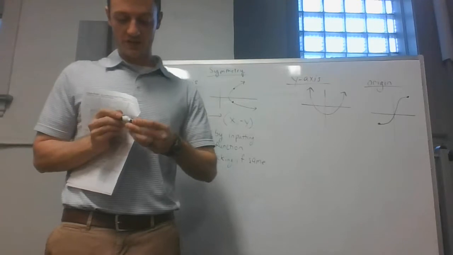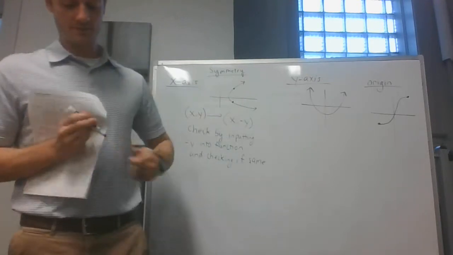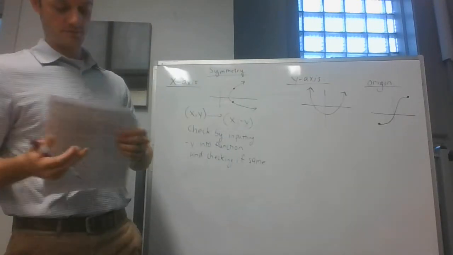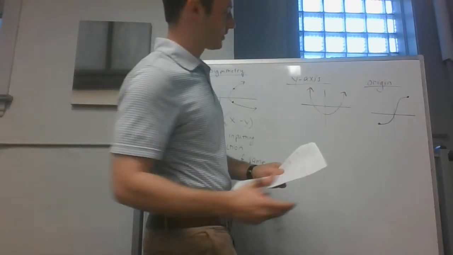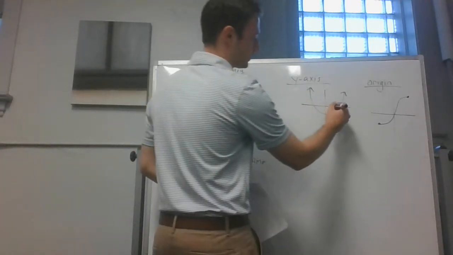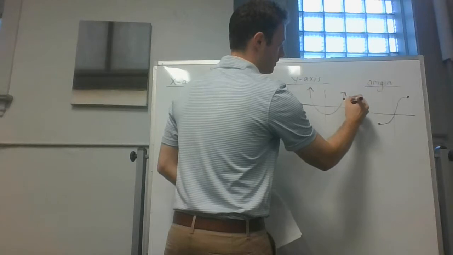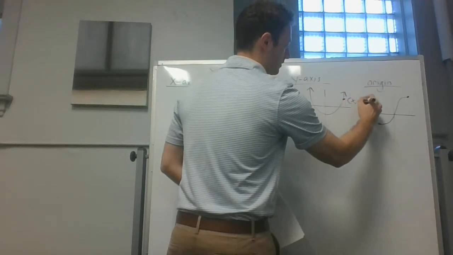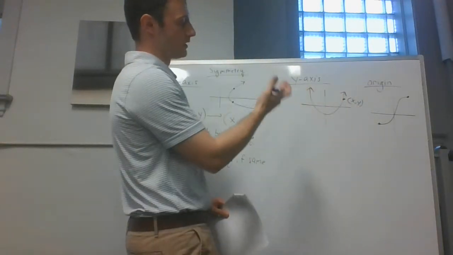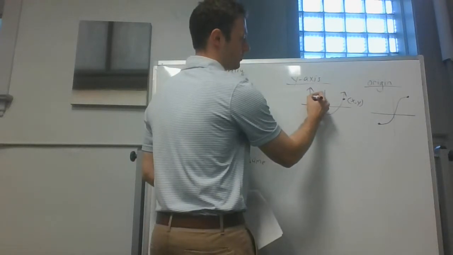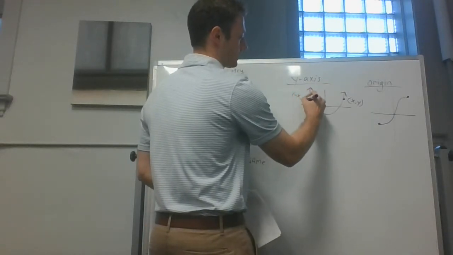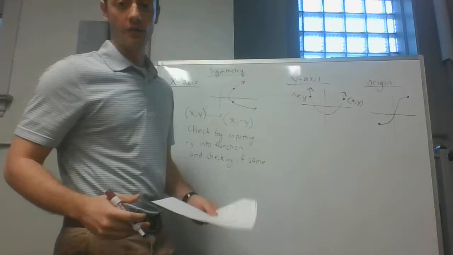All right, for symmetry about the y-axis, it's super similar. Graphically, this is what it looks like. If xy is on the graph, we know that negative x, y is also on the graph.